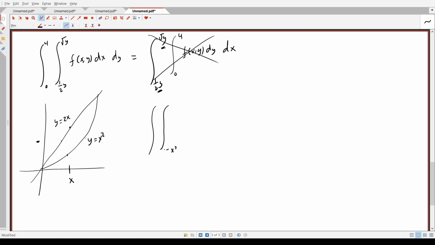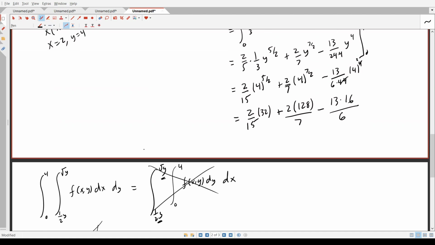So this is from y equals x squared all the way up to 2x, x squared plus y squared, dy, and then I integrate those slices all the way from here to here. So this is from x equals 0 all the way up to x equals 2, which we found by setting these equal to each other and solving. That's what we have right here.